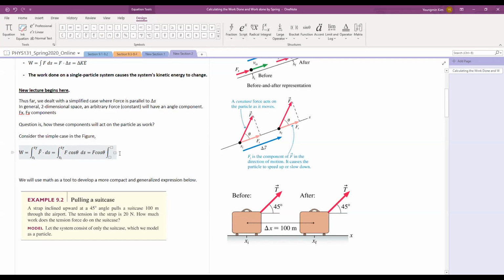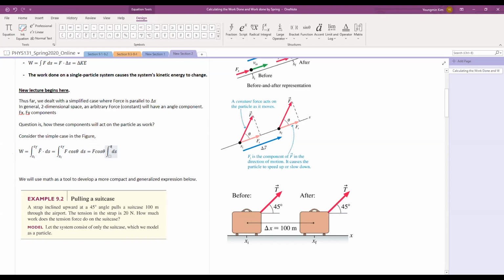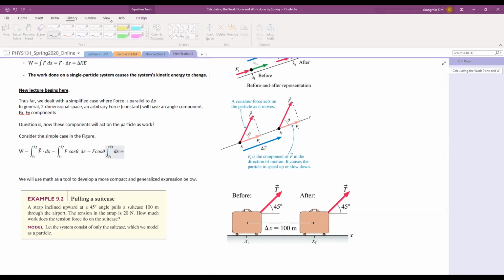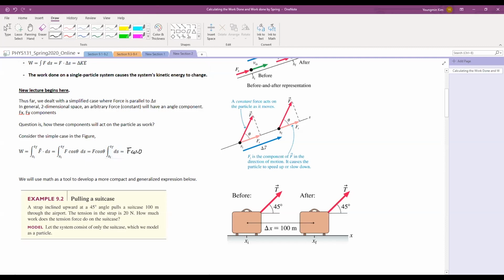And then you will have simply dS here, SF, SI, and this part we know is F cosine theta.